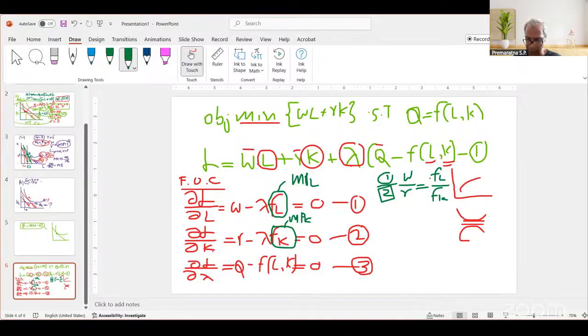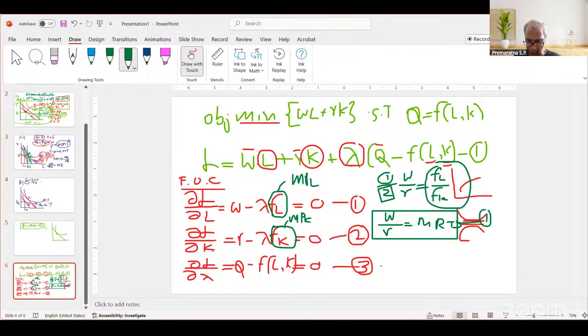You remember, this is the MRTS. So W divided by R equals MRTS. That is why I started with the direct method, this point. That's the first equation.